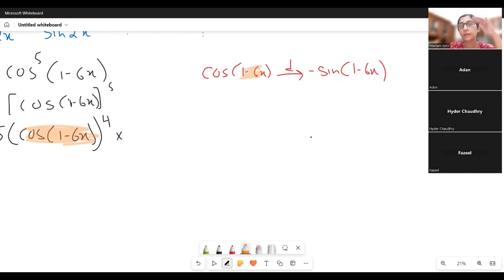The derivative of 1 minus 6x is minus 6. So times minus 6, which gives us 6 sine 1 minus 6x.